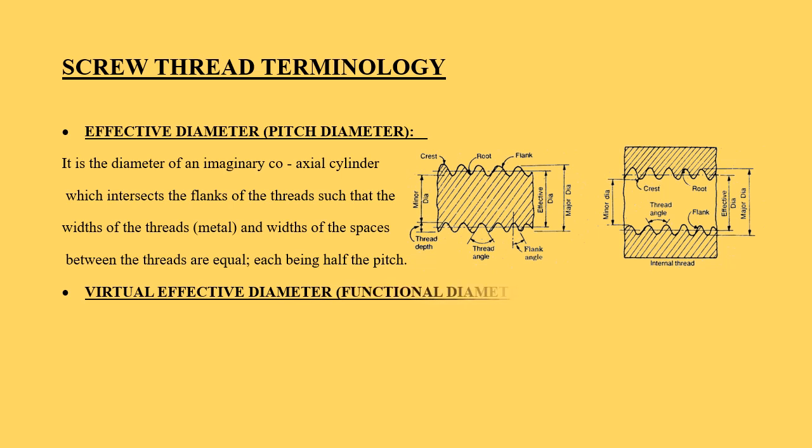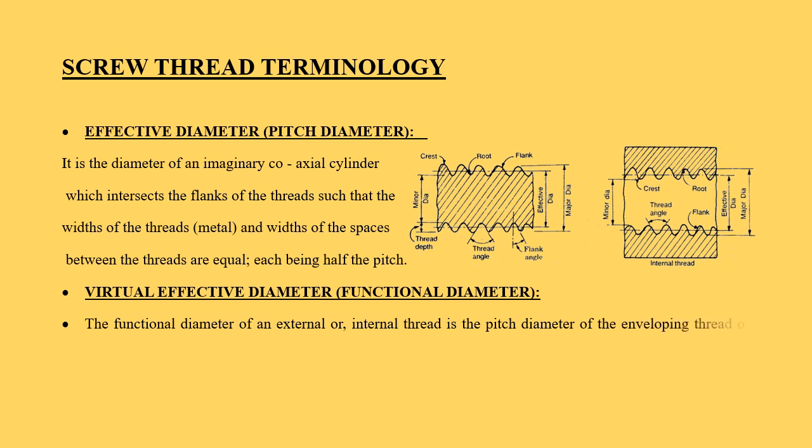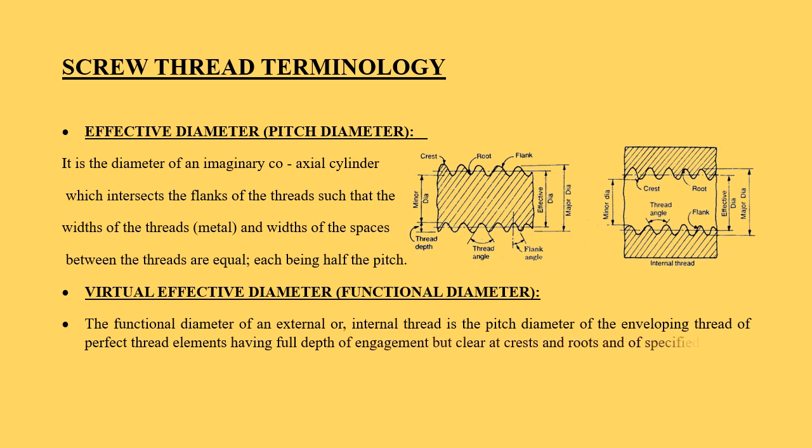The virtual effective diameter or the functional diameter of an external or internal thread is the pitch diameter of the enveloping thread of perfect thread elements having the full depth of engagement, and these are clear at crests and roots and of specified length.